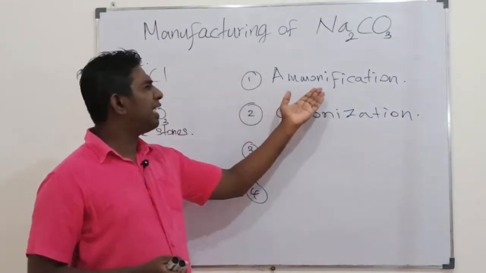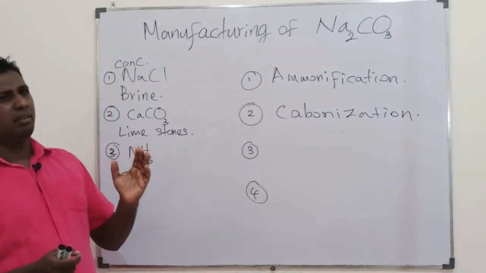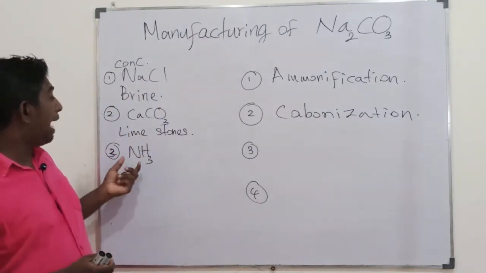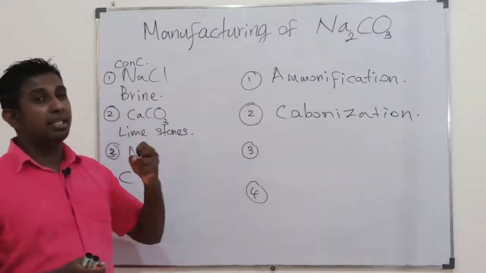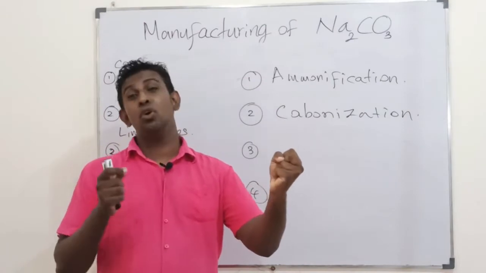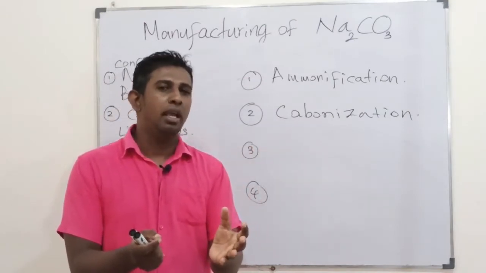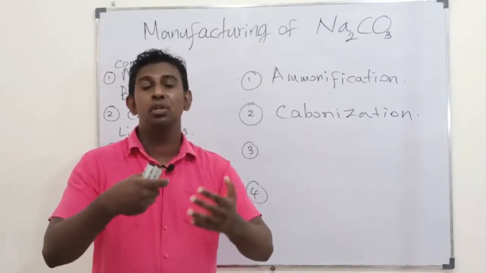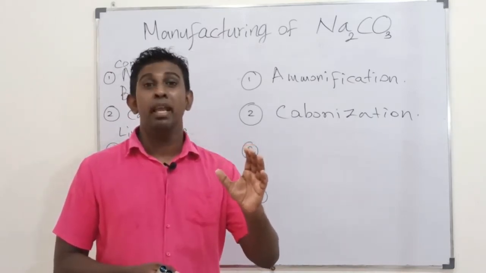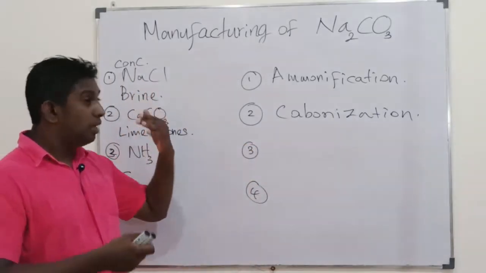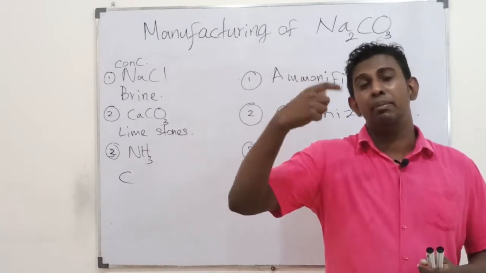In the ammonification step, what we do is we blow ammonia inside that concentrated sodium chloride solution, so as to dissolve ammonia inside this solution. Ammonia is a very soluble gas. So if we dissolve ammonia in this concentrated NaCl solution, we make it saturated with ammonia.